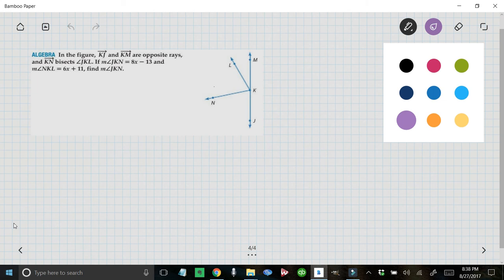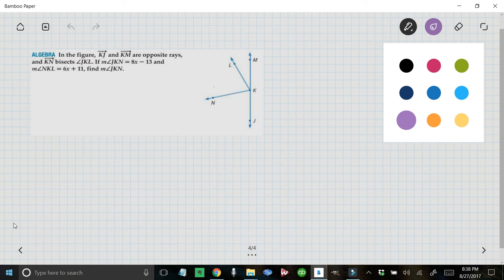So this says in the figure, KJ and KM are opposite rays. So KJ and KM, that's just telling you that this is a perfectly straight line. So this will be important later on, but this would be 180 degrees. And on this side would also be 180 degrees also. And then it says that KN bisects angle JKL.